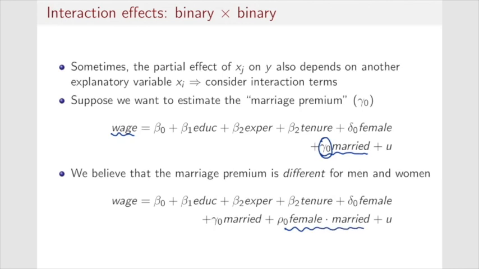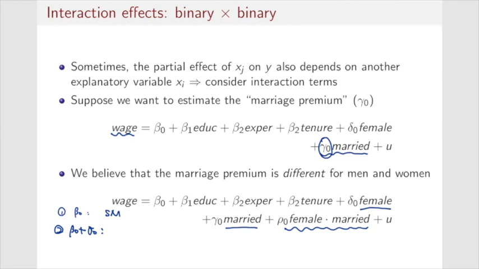Here we introduce another approach. That is, we add an interaction term for the female and married in the model. Notice that this female dummy and the married dummy have already been included in the model. If the female dummy is 0 and the married dummy is also 0, we have the intercept beta 0 for the single male.